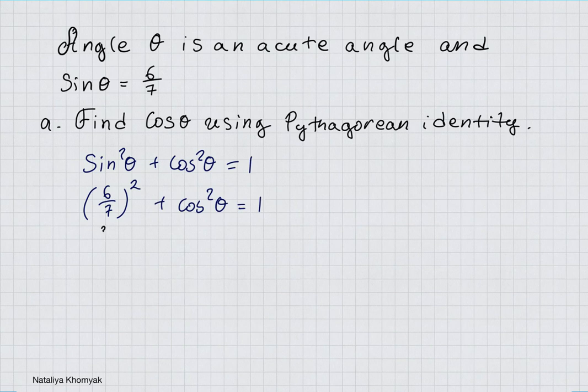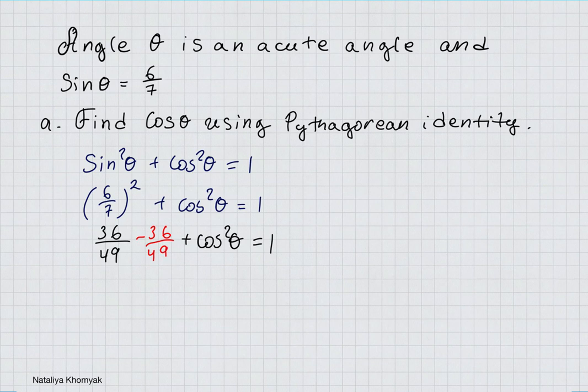6 times 6 we have 36 out of 7 times 7, 49, plus cosine squared theta, and it's equal to 1. We are solving for cosine, so let's bring 36 out of 49 to the other side by subtracting it from both sides.